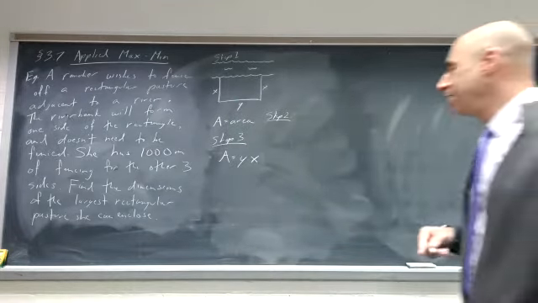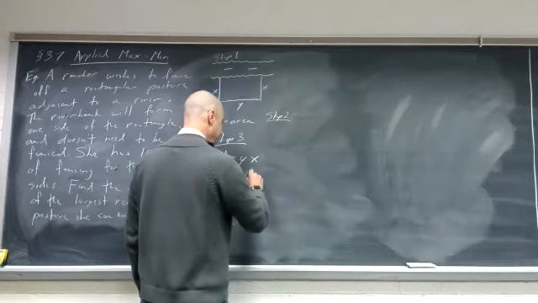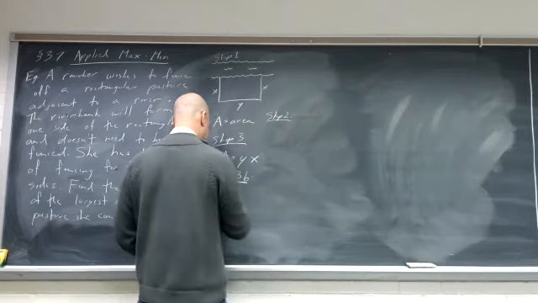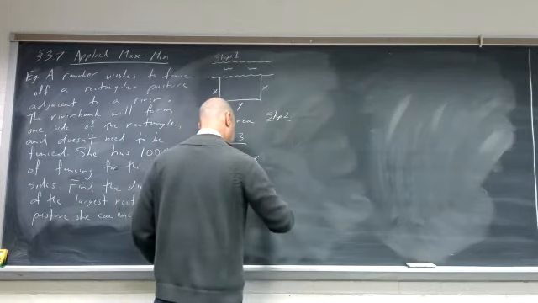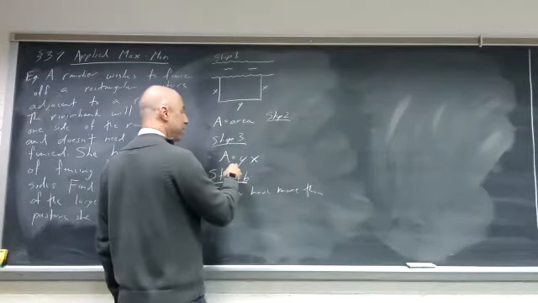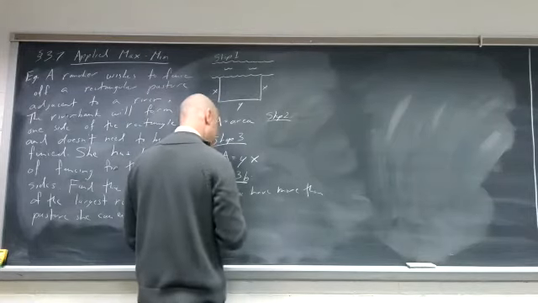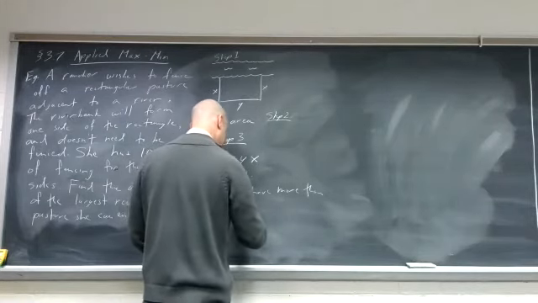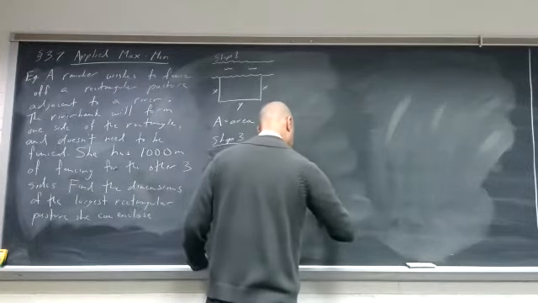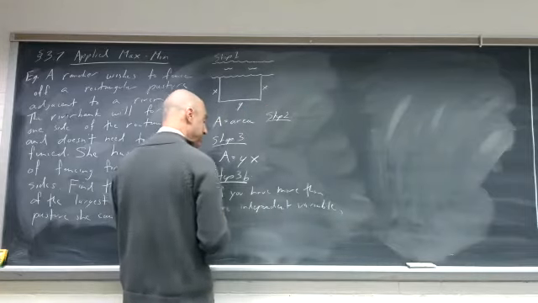And so if that happens, I'm going to call this step 3b. If you have more than one independent variable, get rid of one. We don't really have more than one independent variable because the bigger x is, the less fencing we have for y. So if we have more than one independent variable, which we didn't last time, but we do this time, use information in the problem to get rid of one.